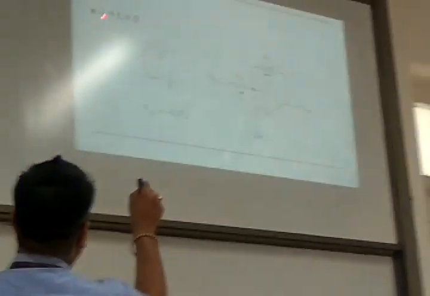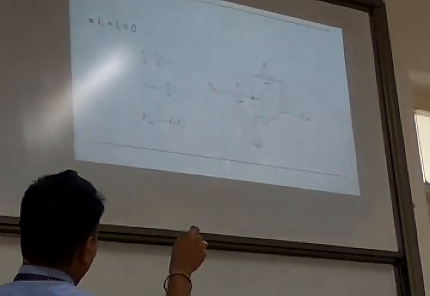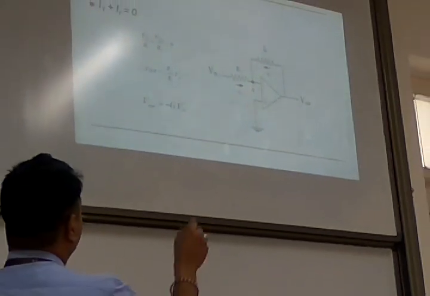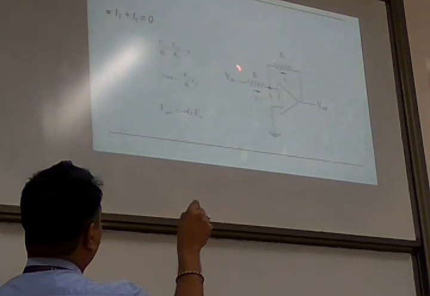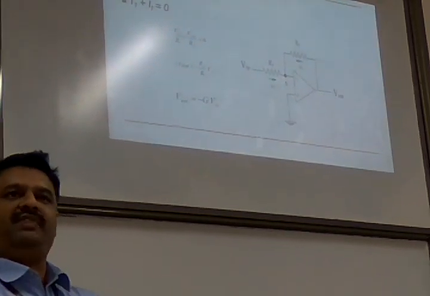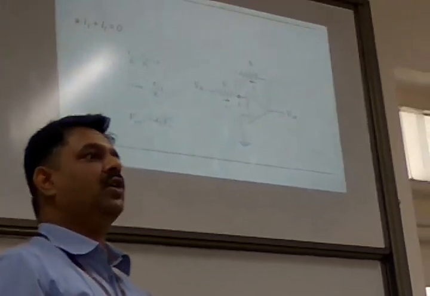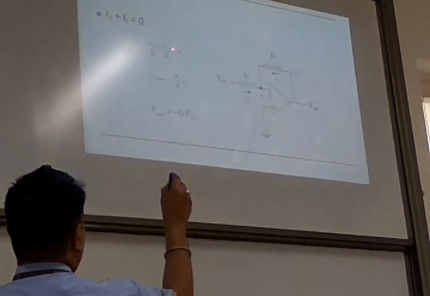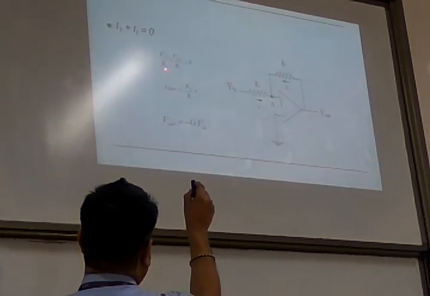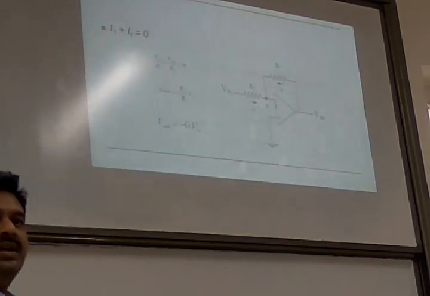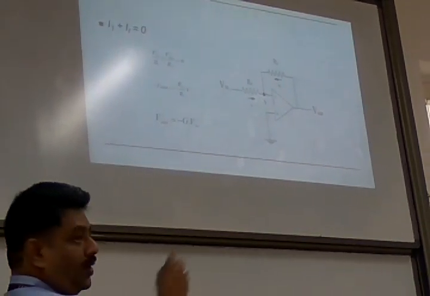So for I1, what are the resistance and voltage connected to it? R1 is the resistance responsible for I1, and V1 is the voltage responsible for it. So I replace I1 with V in divided by R1.